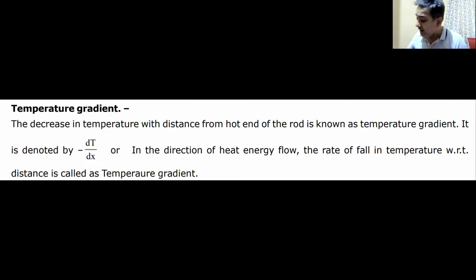It is denoted by minus d theta by dL because temperature decreases, and that is why this negative sign comes. In the direction of heat flow, heat flows from the higher end to the lower end, and temperature decreases. I'll give you a minute to note this down. Your time starts now.